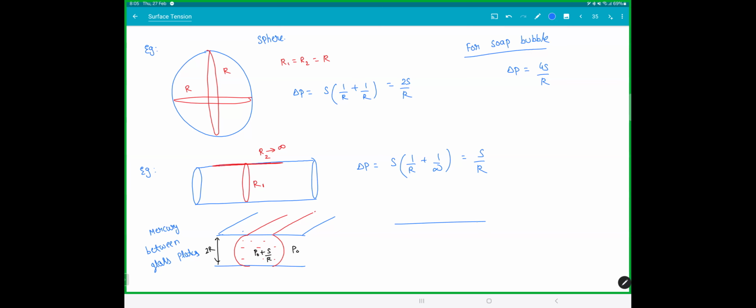But same thing, if you take 2 plates, water between glass plates. The surface would look like this. It will be inward like this. The water becomes like this.